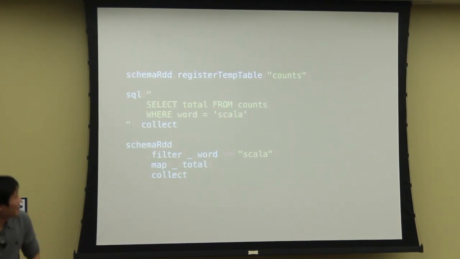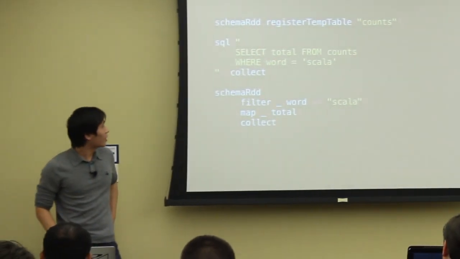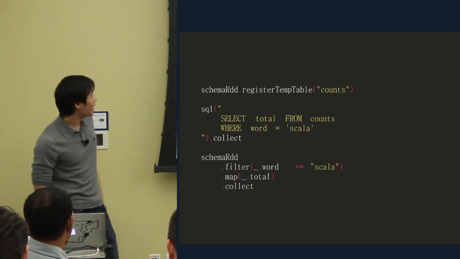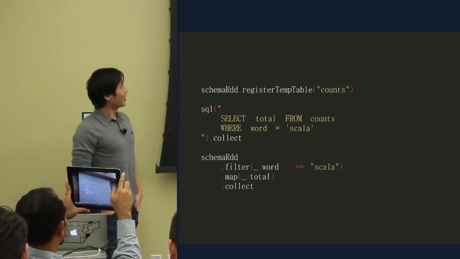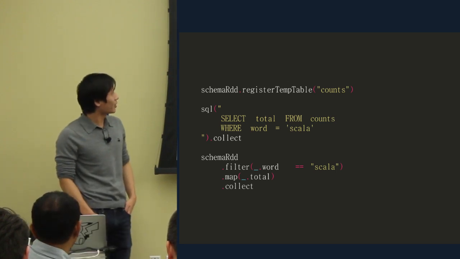So, the DSL is nice, but I think a lot of people still prefer text queries. And it's, again, really trivial to load RDDs or transform RDDs so that they can support text queries.